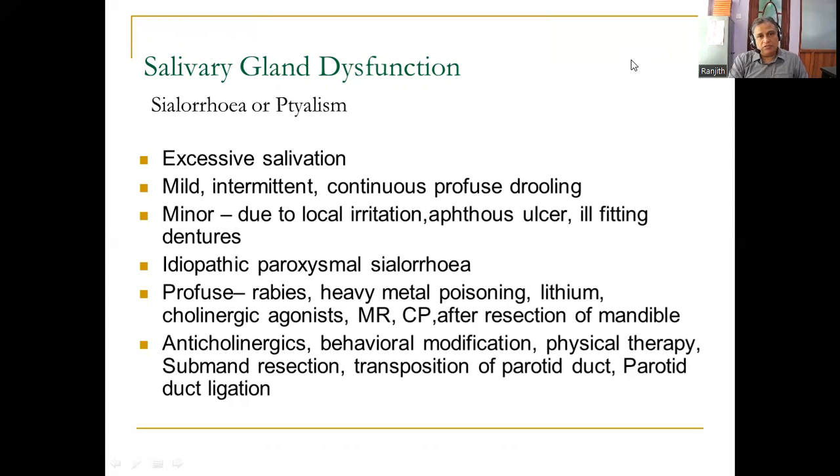Profuse drooling is seen in rabies, heavy metal poisoning, lithium poisoning, cholinergic agonists, mental retardation, cerebral palsy, and sometimes even after resection of the mandible, the salivary secretion increases and collects inside the mouth, and the patient is unable to swallow the saliva produced, which forms profuse drooling.